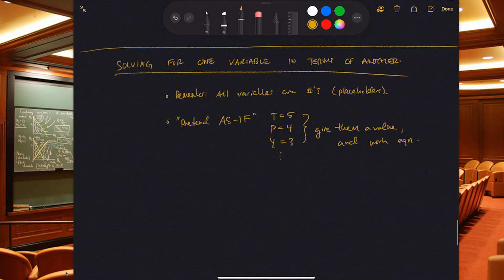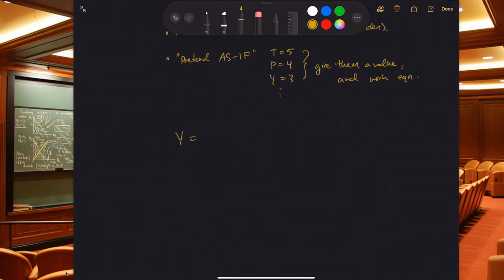So in other words, if I had y equals pt minus s and I was asked to solve for t, and maybe I'm feeling a little intimidated by how many variables there are, what I could do is take the other variables and give them numbers.